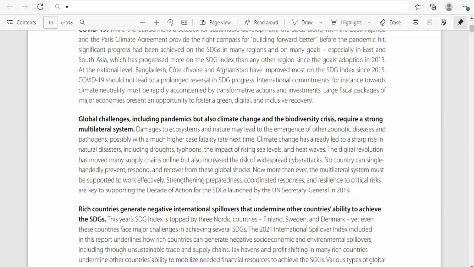No country can single-handedly prevent, respond, and recover from these global shocks. Now more than ever, the multilateral system must be supported to work effectively. Strengthening preparedness, coordinated response, and resilience to critical risks are key to supporting the decade of action for the SDGs.